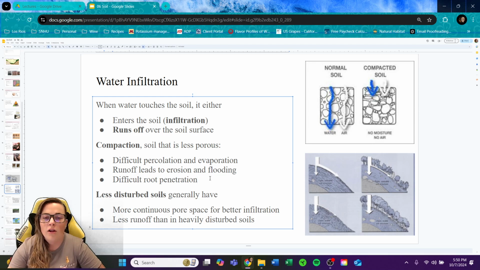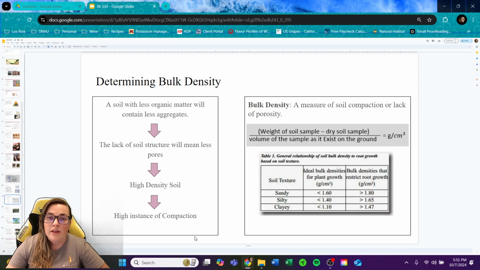So all around, a very bad situation. Less disturbed soils generally have more pore space, less runoff, and are just generally healthier for plants. So the less that we till and dig and ruin those rich top layers of soil, the better off everything is.